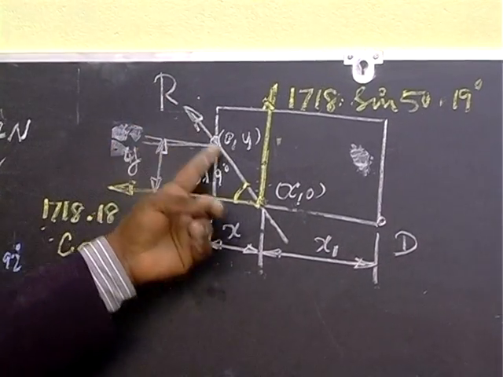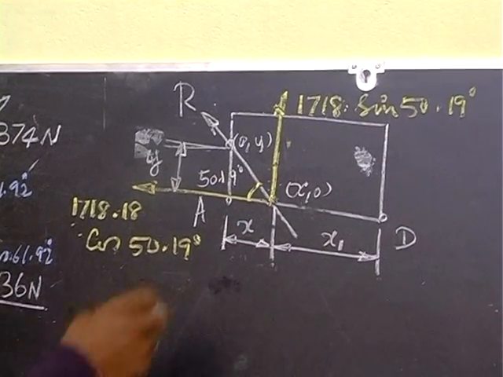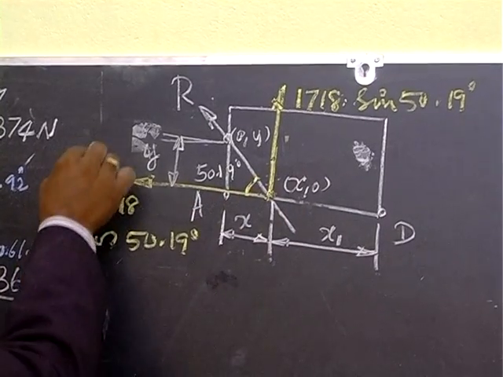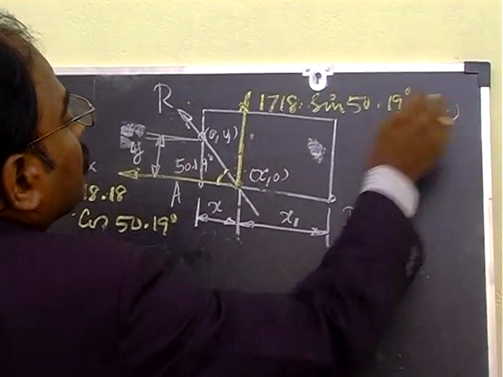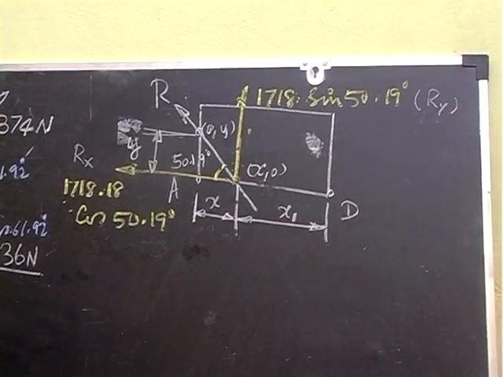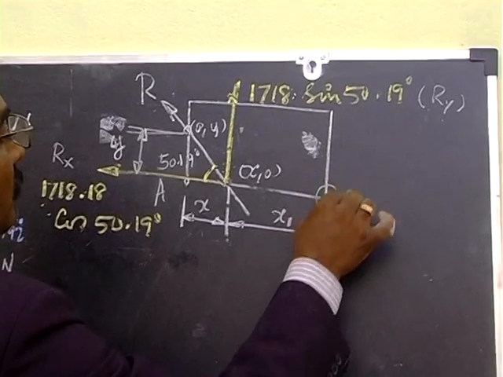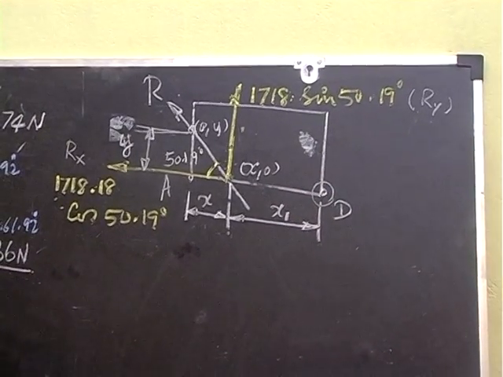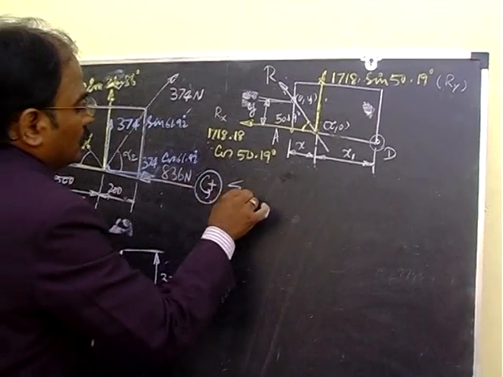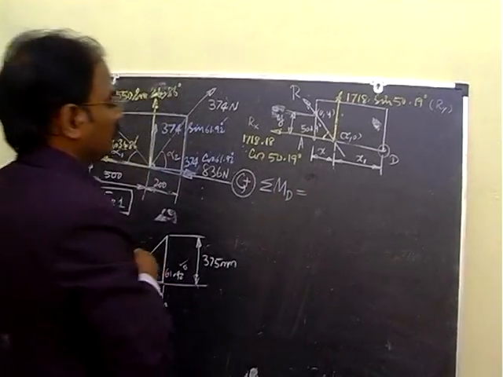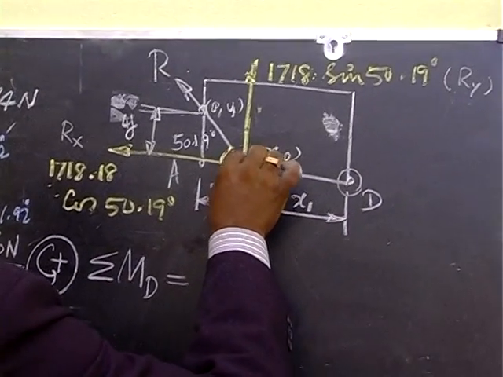Now the resultant 1718.18 can be resolved into two components, that is horizontal Rx component and vertical Ry component. Using Varignon's theorem, we can arrive at an interesting result. Let us say the moment about D of all the component forces, sigma MD of all the component forces, can be very well equated to the resultant moment.